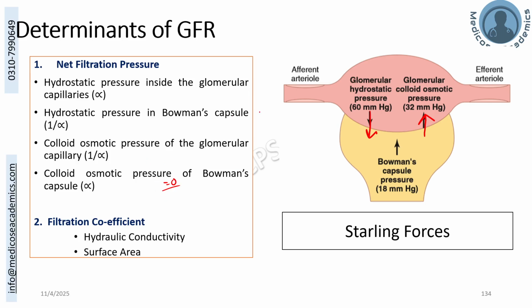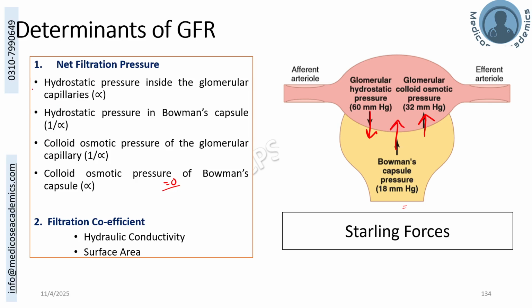Hydrostatic pressure in the Bowman's capsule should also be low, and if this is increased for some reason, maybe because of a certain blockade, it is going to push the fluid away from it into the capillaries and thus hamper the filtration.